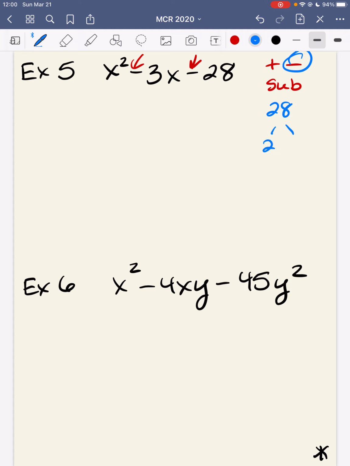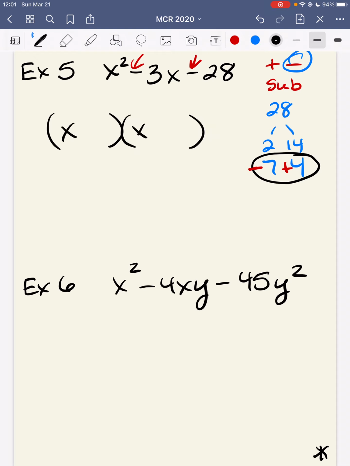Let's see, I got 2 and 14. That's a little too big. I have 7 and 4. 7 minus 4 is 3. Oh, there we go. I got a pair really quickly. All right. My largest number must be minus, so my 7 must have the minus. My 4 must get the plus. Set up my two binomials.